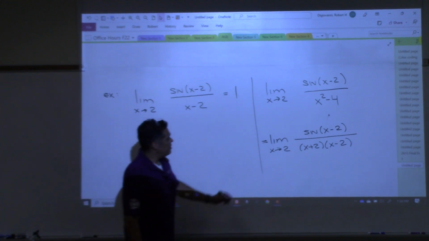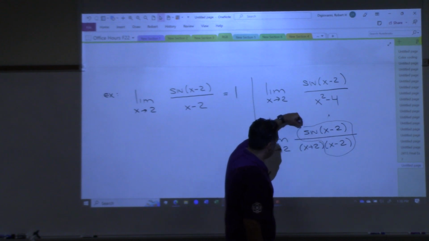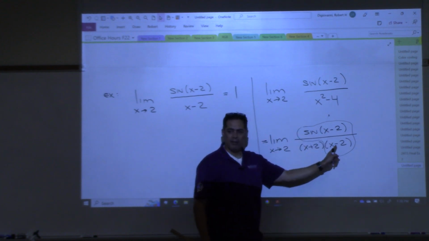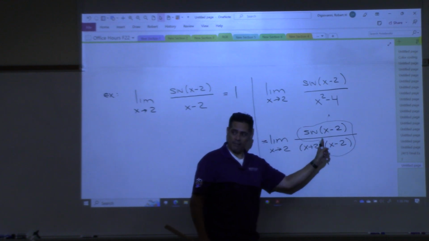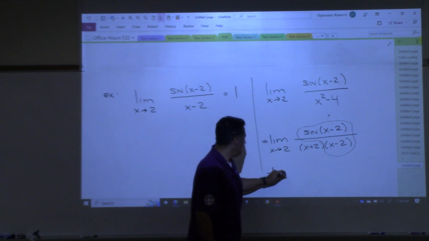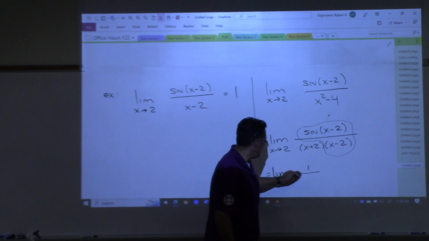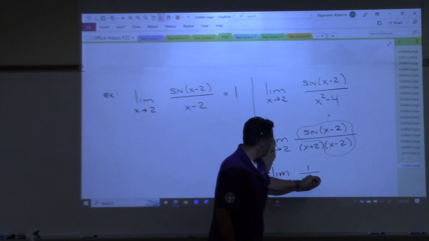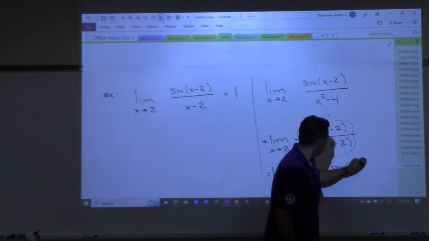And now, do you all see that if I focus my attention on just this right here, that sine of junk over junk, the junk matches exactly and the junk goes to 0? Y'all see it? Yes. But I have to use a limit law from last class to do this. The limit law says that I am allowed to look at this as that times this.